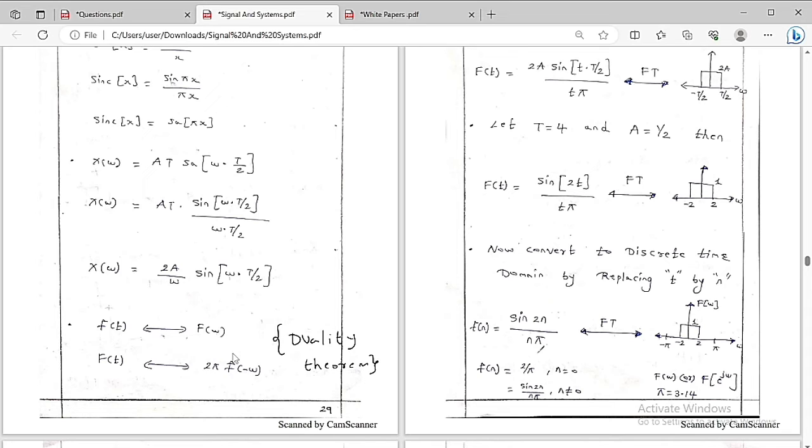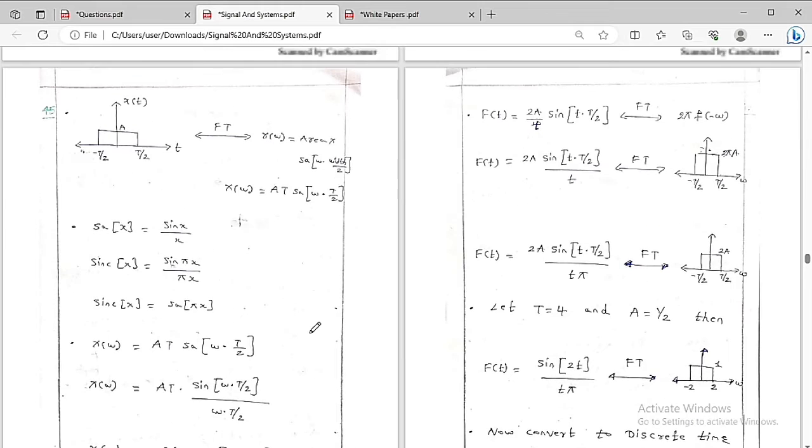This is the formula that you always have to keep in mind.